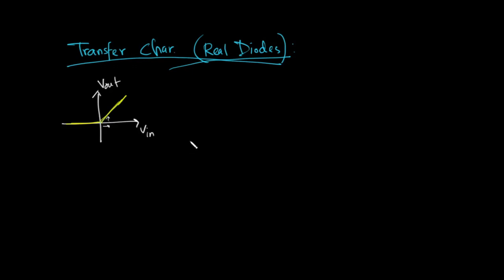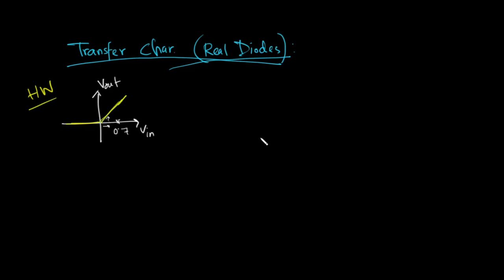V out will turn on only if V in passes the 0.7 volt threshold. Suppose this is our 0.7 volt threshold, and this is a half wave rectifier.